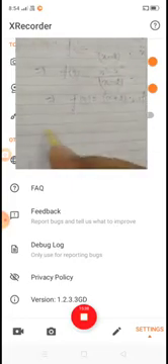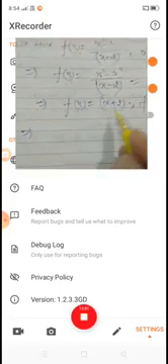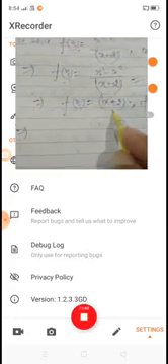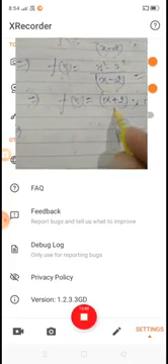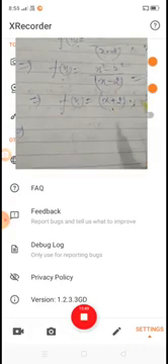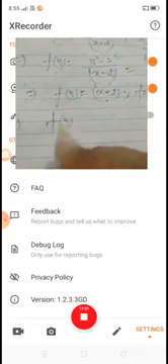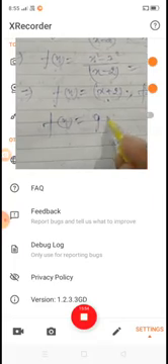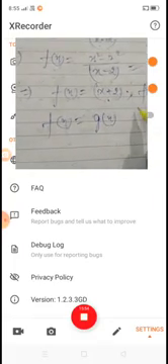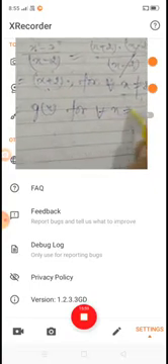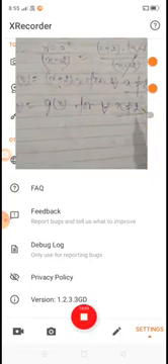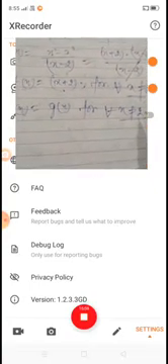Hence we can say that g of x is also equal to x plus 2, that is f of x is equal to g of x for all x not equal to 2.